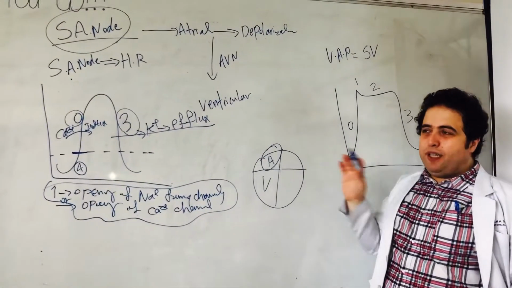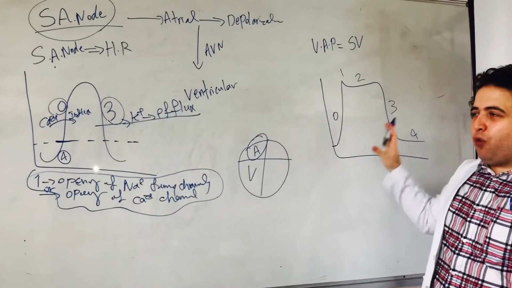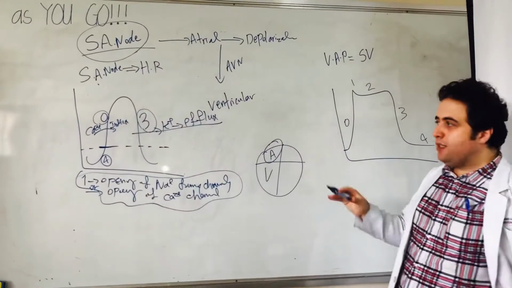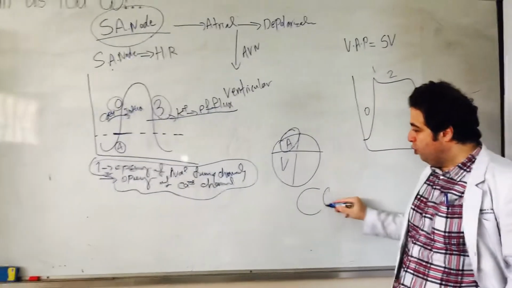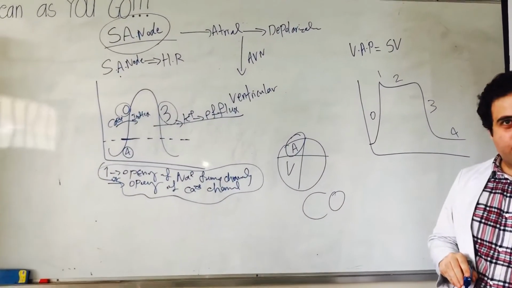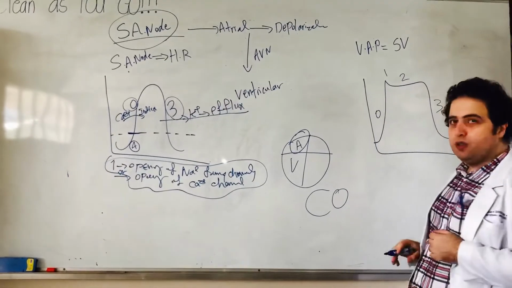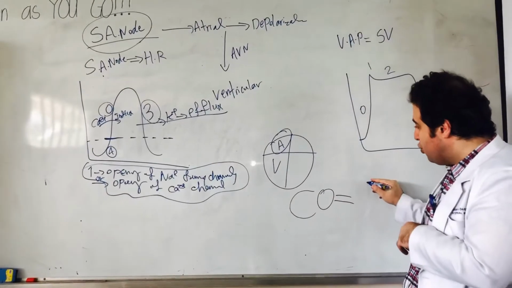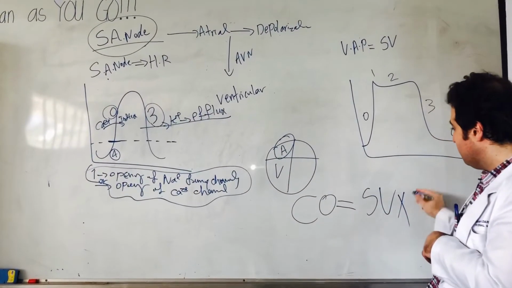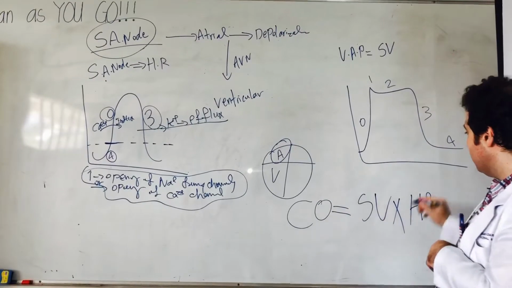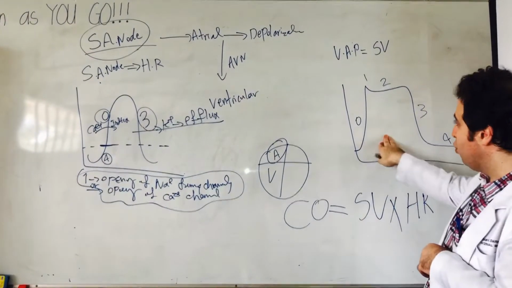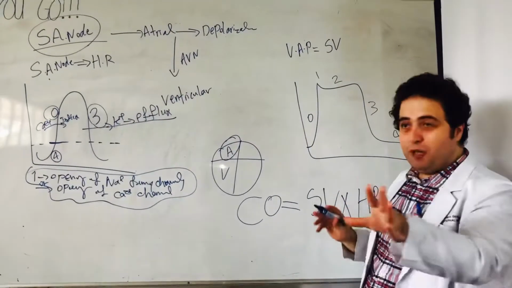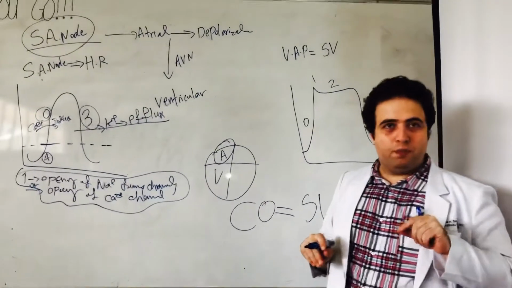If you remember, in the beginning of the lecture I told you that I need to know the performance of the cardiac muscle. The performance of the cardiac muscle should be known by cardiac output. So how will I know my cardiac output? To know the cardiac output, I need to know stroke volume times heart rate. Maybe you ask me, Doc, what is stroke volume?